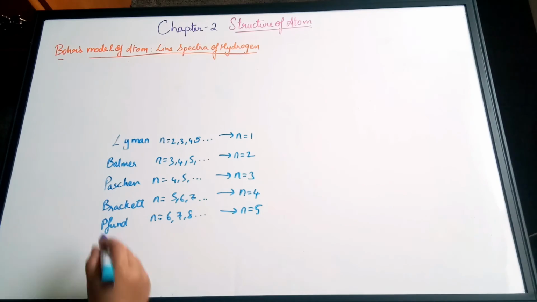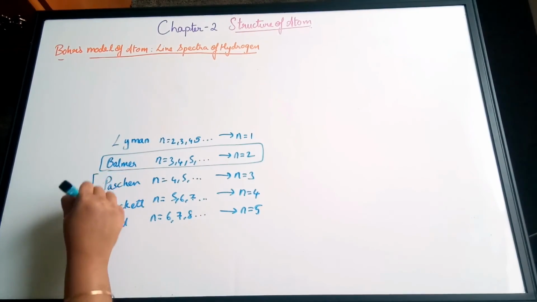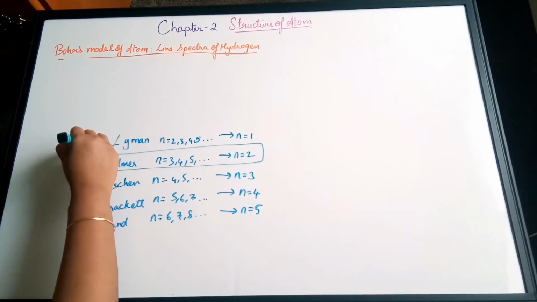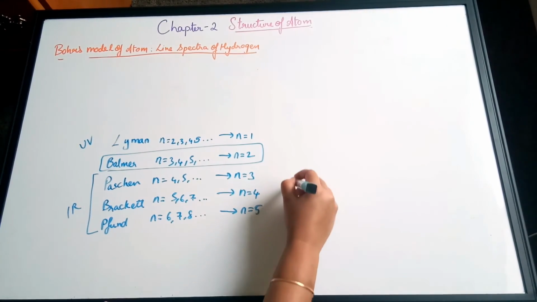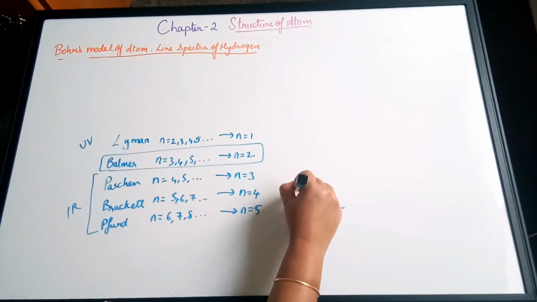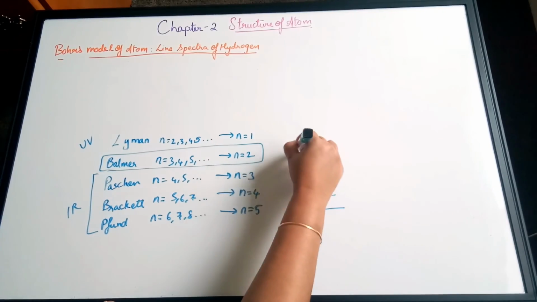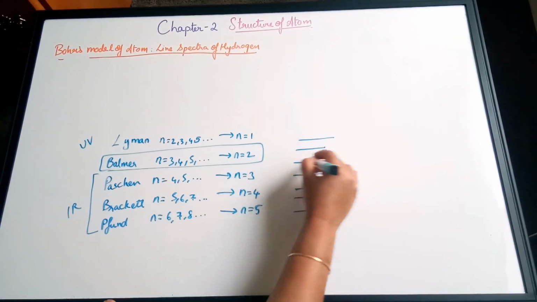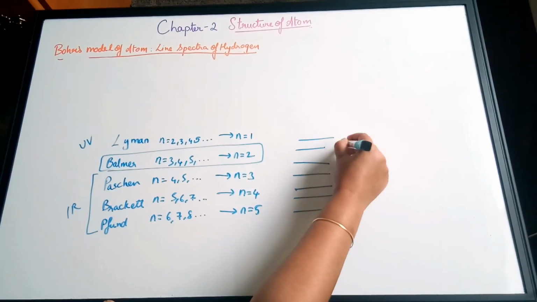Our Balmer series is the only one which is observed in the visible region. These three are observed in IR, and this one is observed in the UV region. This is with respect to the transitions. Suppose you have levels 1, 2, 3, 4, 5, 6, 7.